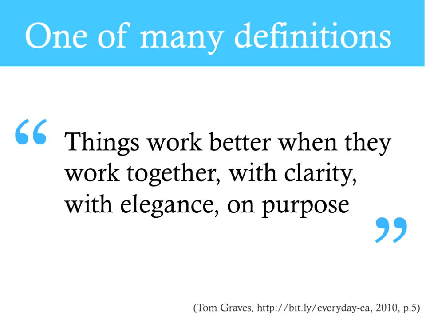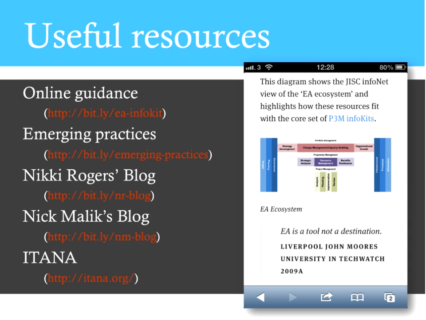In his book, Everyday Enterprise Architecture, Tom Graves talks quite elegantly about the topic coming down to one single simple idea. Things work better when they work together, with clarity, with elegance, on purpose. And I think that's a really key point to bear in mind when we're talking about enterprise architecture.